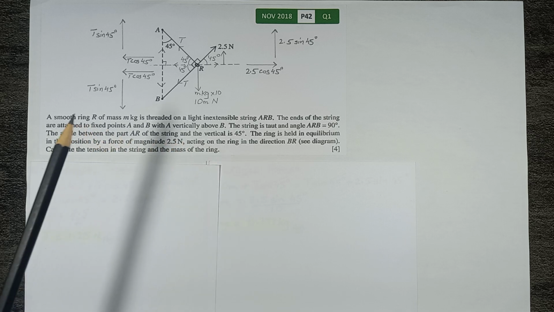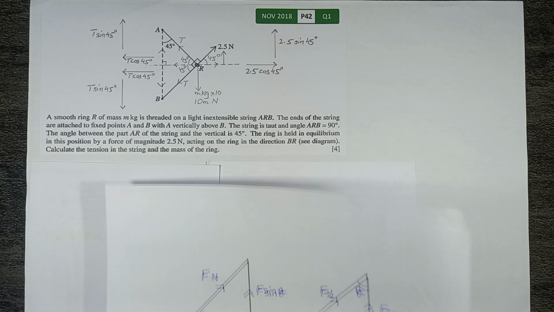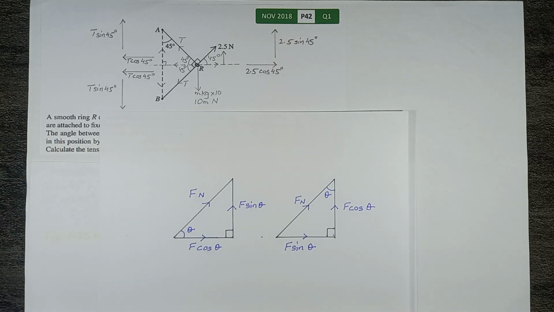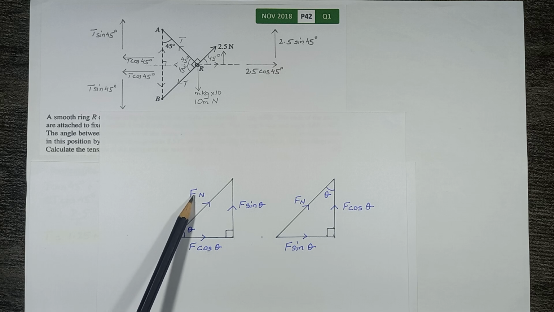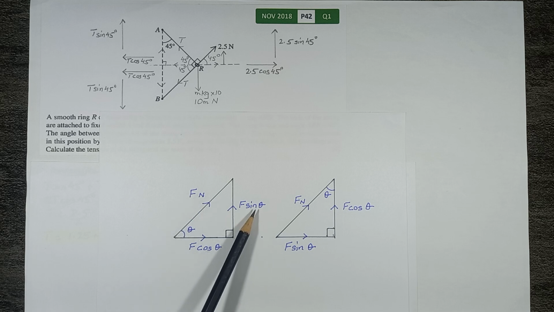For that, first of all we have to understand what the components are, whether horizontal or vertical, because I have seen that most students have a misconception that the horizontal component is always a cos component. No, it is not like that. If this is an angle theta with the x-axis, then the side next to it would be the cos component of that force, and the opposite would be the sine component.